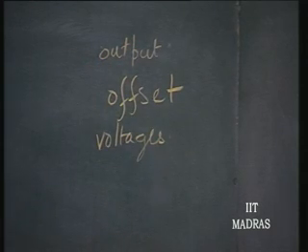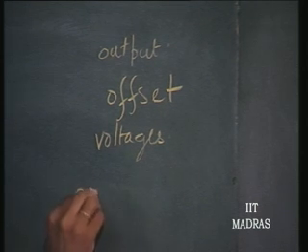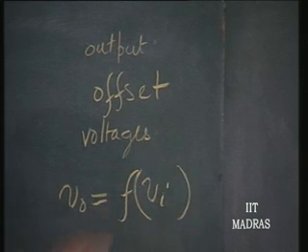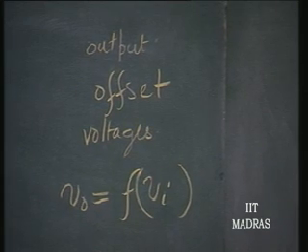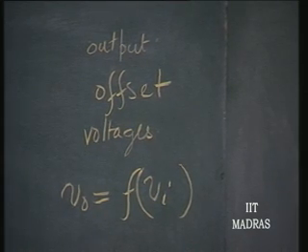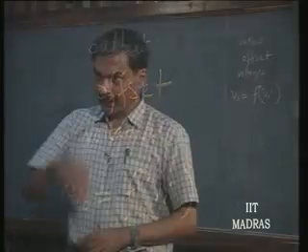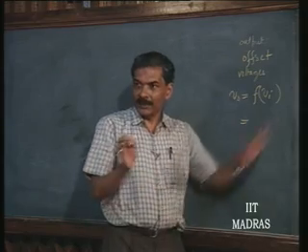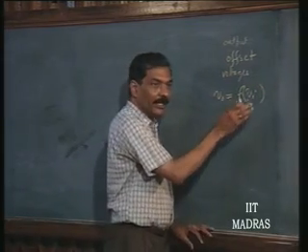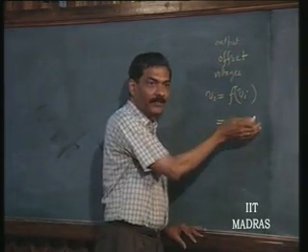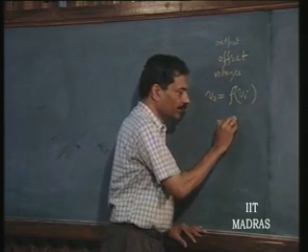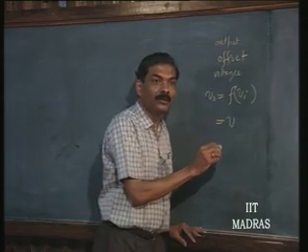Any amplifier, the output is a function of input, that is generally the property of any amplifier, some general function. We would like this function to have a factor independent of VI, a voltage, let us say, and that voltage is called offset voltage.